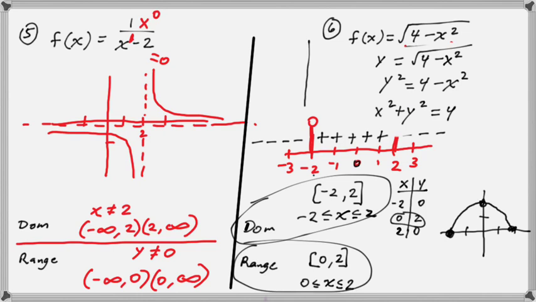That means that's a circle centered at the origin, radius 2, right? However, the square root is only the positive part. That's why we only have this part of the graph. We don't have this bottom part. So that's how I ended up with this thing down here.